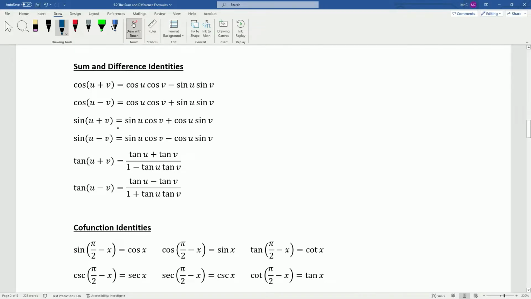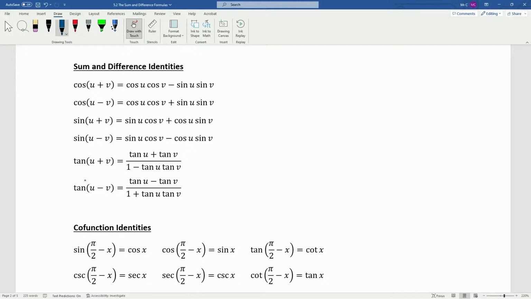Now for sine, that formula is a little different. Sine of u plus v equals sine of u cosine of v plus cosine of u sine of v. And sine of u minus v is equal to sine of u cosine of v minus cosine of u sine of v. Again, the only difference between these formulas is that the sign in the middle switches.